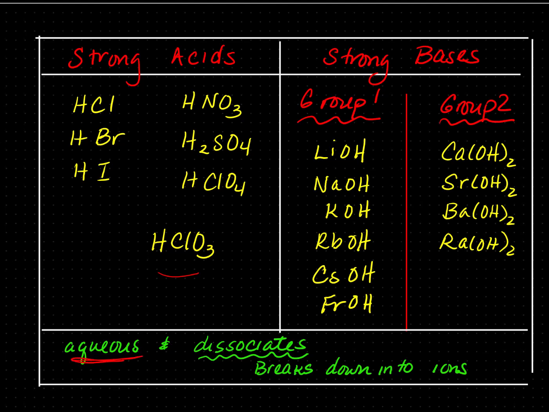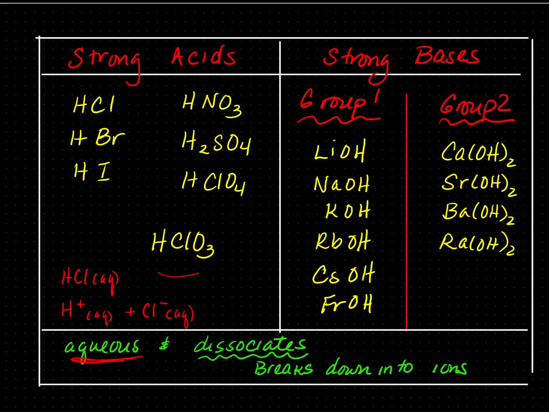And they will dissociate. Dissociate means they will break into ions. So for example, if I have HCl, HCl will be AQ. So it will break into its ions, which are H plus, AQ, and Cl minus, AQ. Same thing for bases.